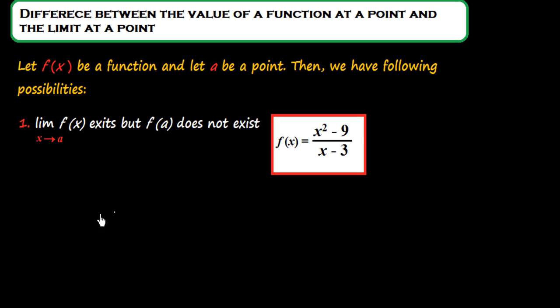So there are 4 conditions: difference between the value of a function at a point and a limit at a point. The first condition would be limit of f of x, x tends to a, exists but f of a does not exist. Here you see the same problem we have done first, x square minus 4 over x minus 2, where the limit exists, the limit is 4, but the function value does not.